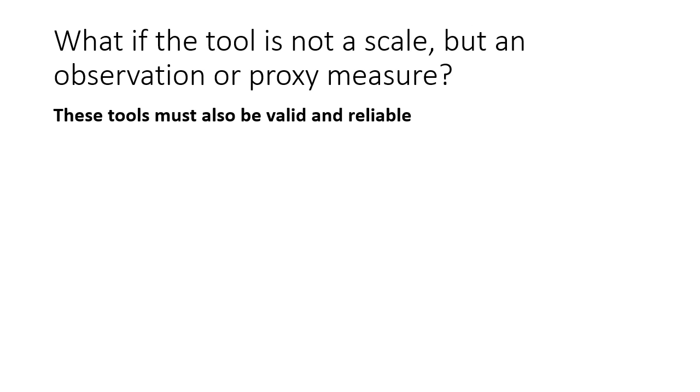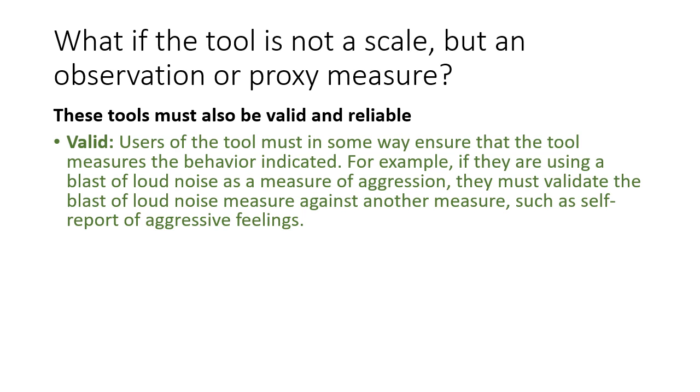So a question, what if the tool that you're interested in using for your dependent measure isn't a scale, but it's an observation or a proxy measure? Do those have to be reliable and valid? And the answer is yes, they definitely have to be valid and reliable. So valid.